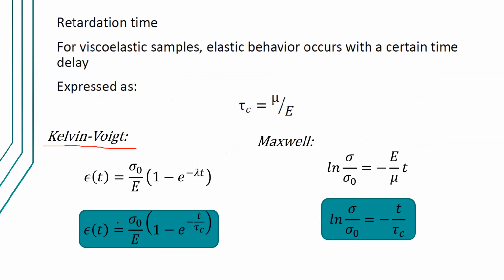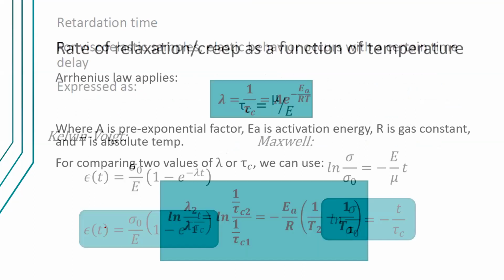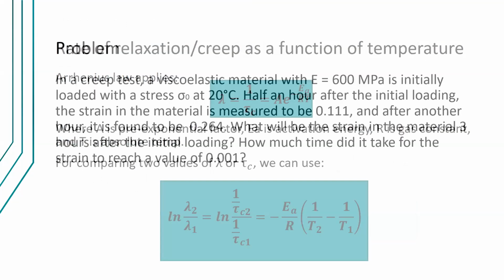If we're going to use this equation, we need the time given and the strain as a function of time. So using that equation, we will arrive at these relationships. This is the strain as a function of time, this is the time, then this is the retardation time.